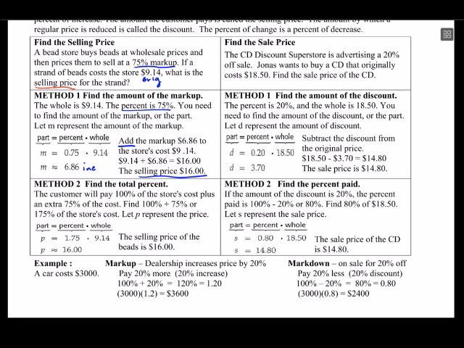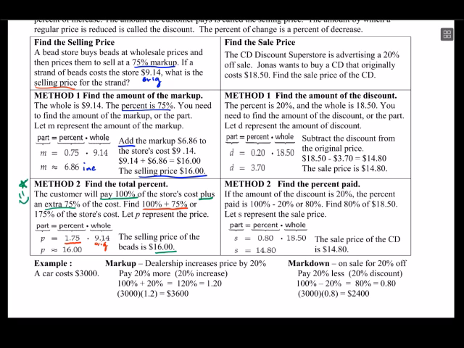Method 2, we pay 100% of the store's cost plus the extra 75%. So we can add our percents together before we even start. So we can say that our price is 175% of our original because we've added the markup onto it already. And that's just our $16.